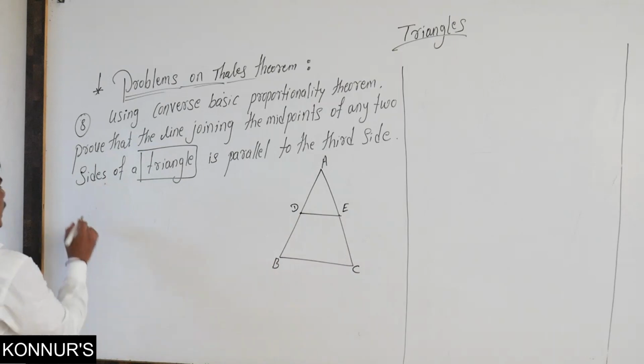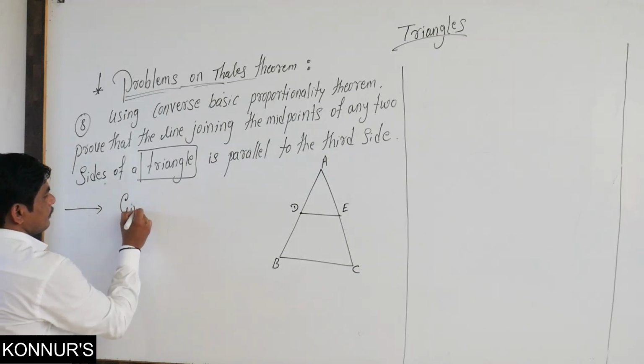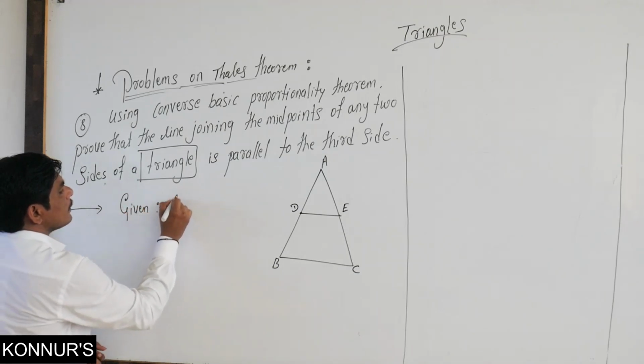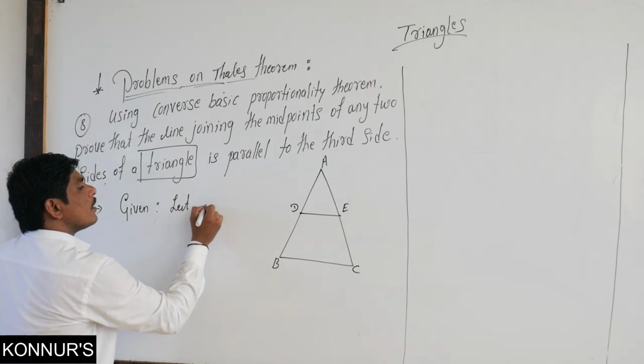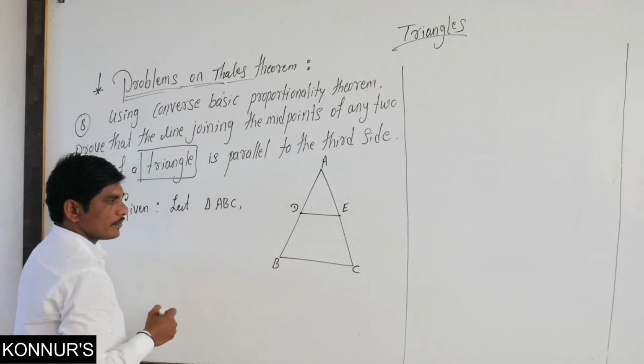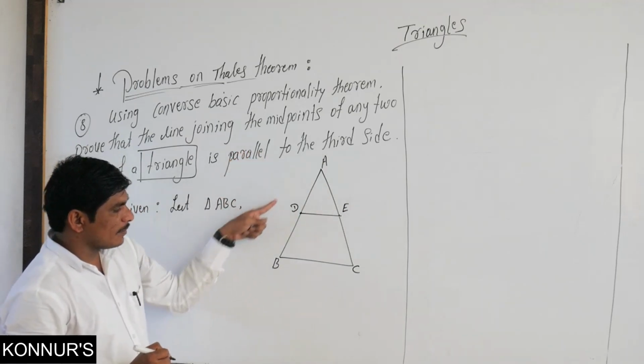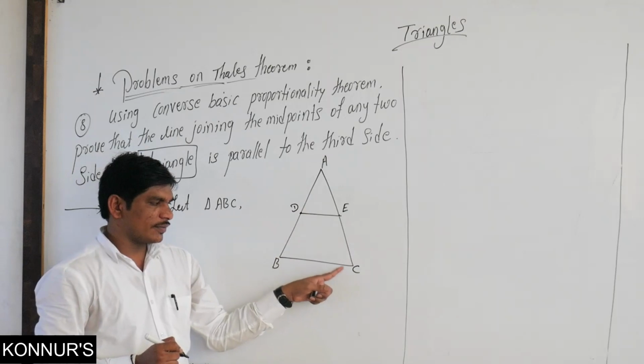That's why here first you write all the given points. Let triangle ABC, and one more point: D is the midpoint of AB, E is the midpoint of AC.